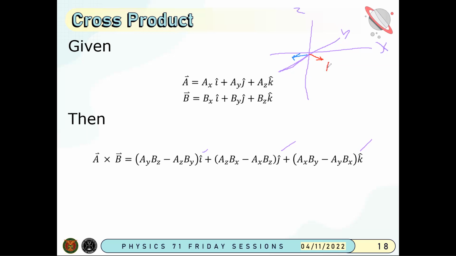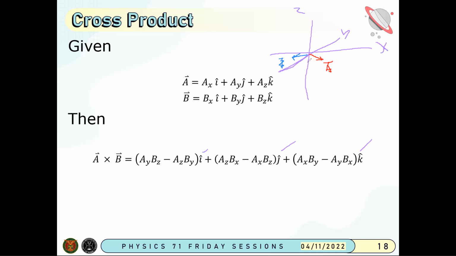So, this is vector A, just an example, this is vector B. Their cross product will be directed perpendicular to that plane.